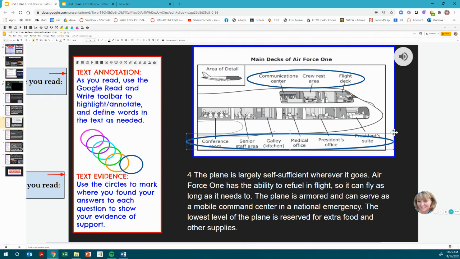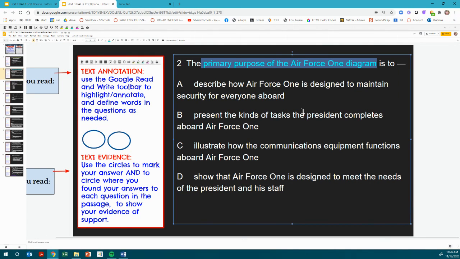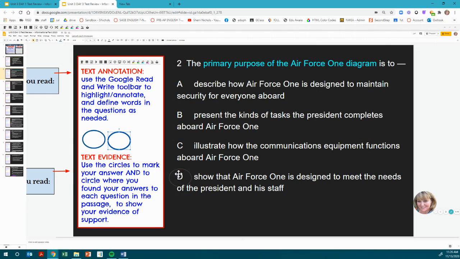That means where the president can sleep and rest and have some downtime while he's on the plane. So those are the needs of the president while he's on this plane. He is going to need to be able to meet with his senior staff and eat and maybe take care of medical needs and have an office to work. So obviously our best answer is to show that Air Force One is designed to meet the needs of the president. So you would put this over here.